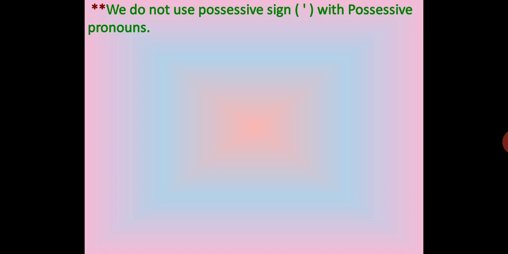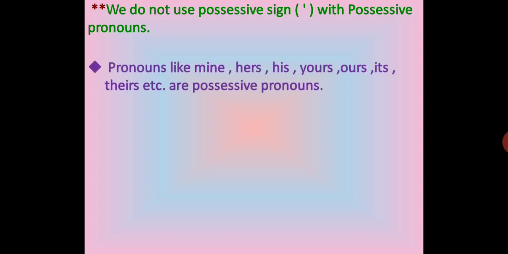The words which we use instead of the noun are called the pronouns, right? Let's see what the possessive pronouns are. Pronouns like mine, hers, his, yours, ours, its, theirs, etc.